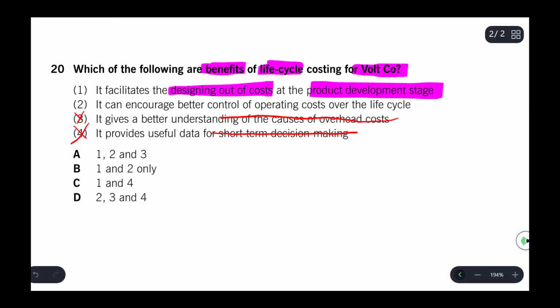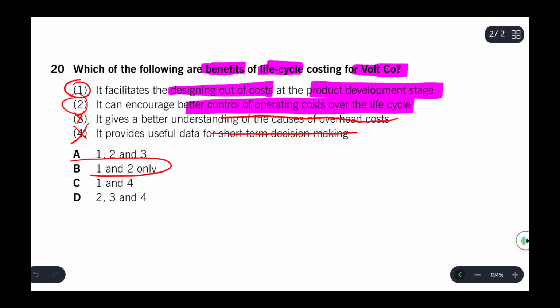Okay, so 1 is good. We keep 1. It can encourage better control of operating costs over the life cycle. Yes, that is good. And in this style of question, the answer, guys, is B.